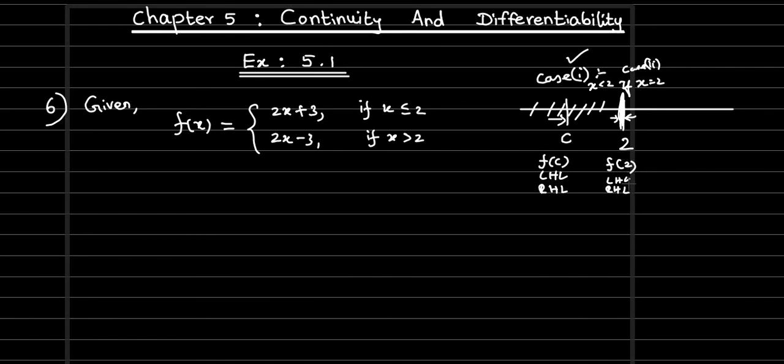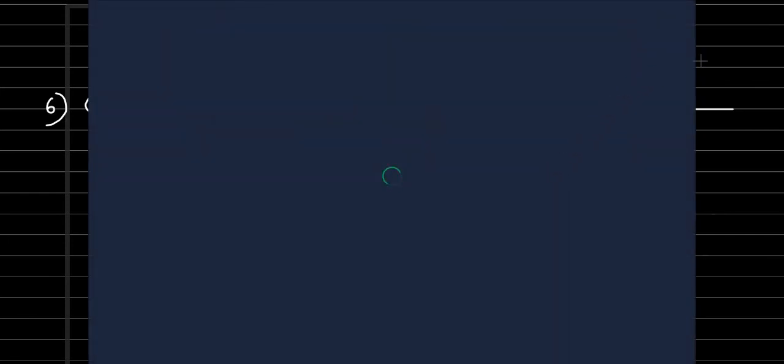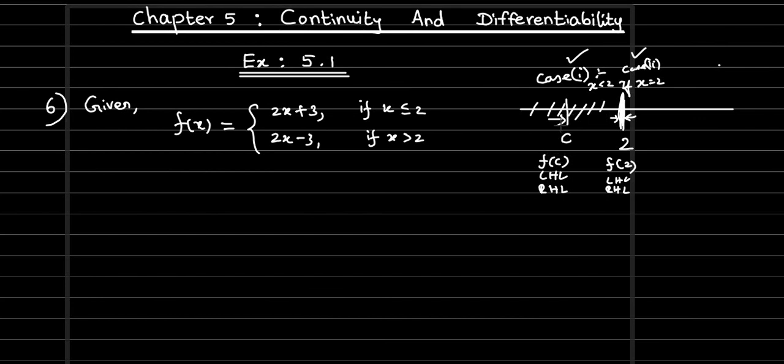If all these three coincide, then the function is continuous at x equal to 2. If it is not continuous, we can take this point as a point of discontinuity. In the same way, if all these three values are not the same, then we can say the function is discontinuous there, and all the real values less than 2 where the function is discontinuous would be part of the solution.